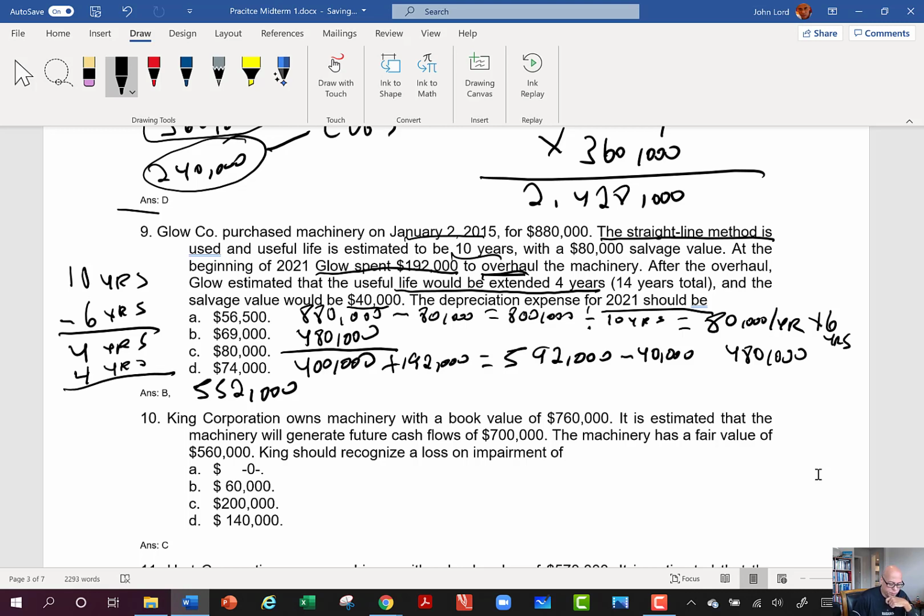So 4 plus 4 gives me 8 years. Now I take that 552,000 and divide it by the 8 years that are left, and that should give me the right answer here of 69,000.